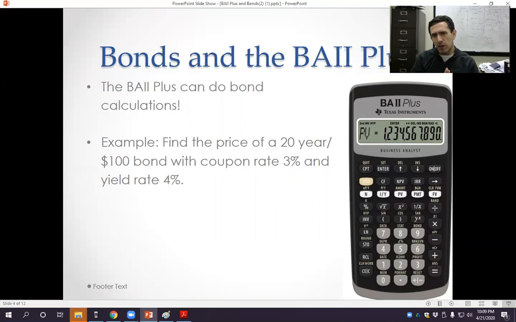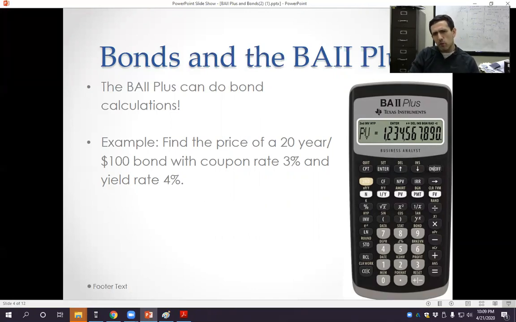So nothing else is specified, so we're just assuming all that is true. And in particular, the effective 6-month coupon rate is 1.5%, and the effective 6-month yield rate is 2%.